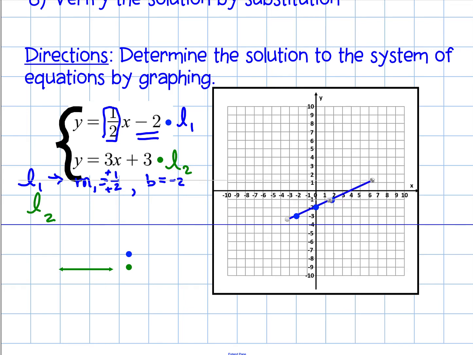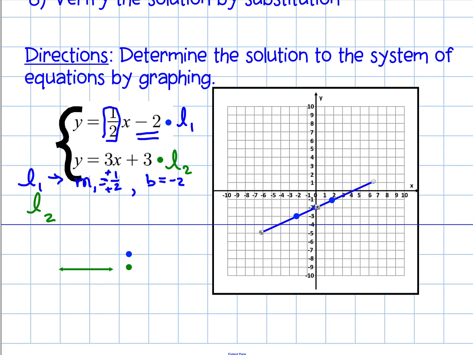Make sure it is long enough because you're not sure yet where they're going to intersect. You're just hypothesizing that it's going to be somewhere, and you're hoping it's going to be in that area, not off the graph.